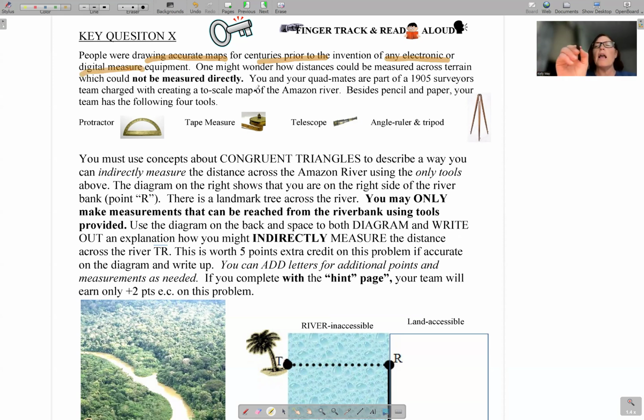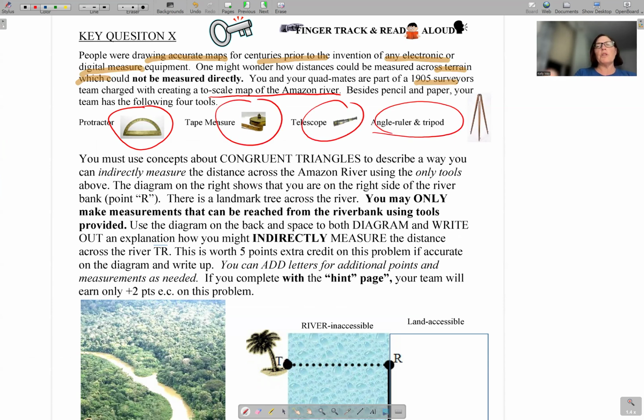One might wonder, how did they measure terrain which could not be directly measured safely? You and your quad mates are part of the 1905 surveyor team in charge of creating a to-scale map of the Amazon River. Besides pencil and paper, you have these tools: a protractor, a long tape measure, a telescope, an angled ruler, and a tripod.